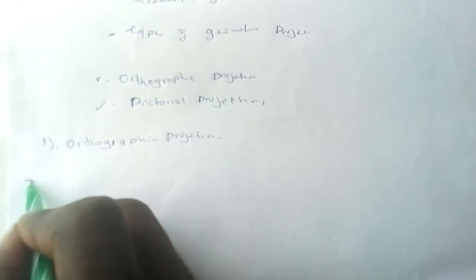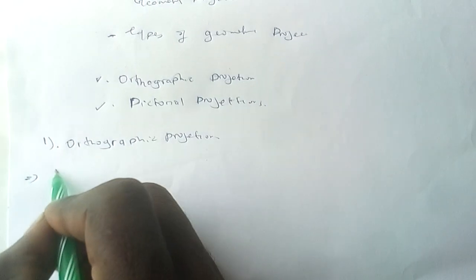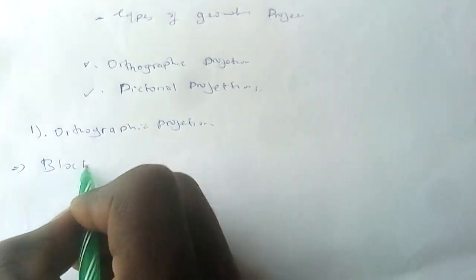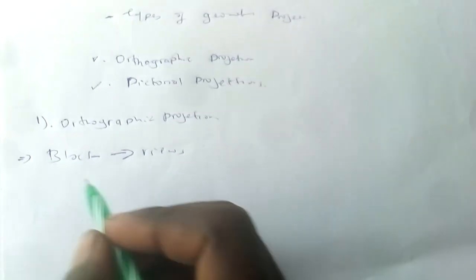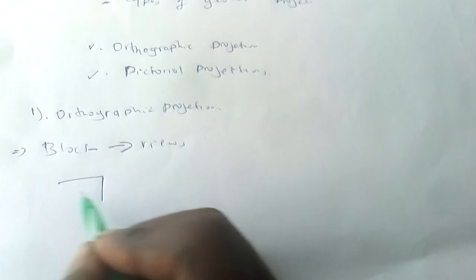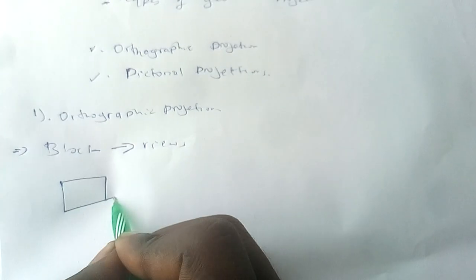In orthographic projection, you are given a block and you are required to come up with views. For example, this is the block.